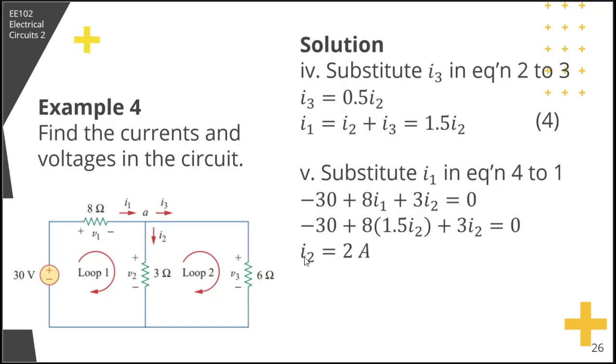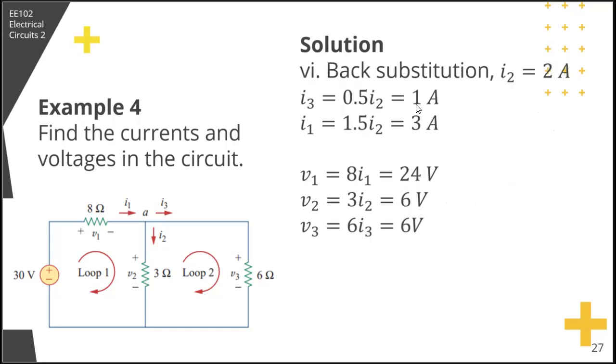Okay. Then back substitution: I1 is equal to 1.5 times 2, that's 3. I3 is 0.5 times 2, that's 1. Okay? So I3 is 1, I2 is 2, I1 is 3.